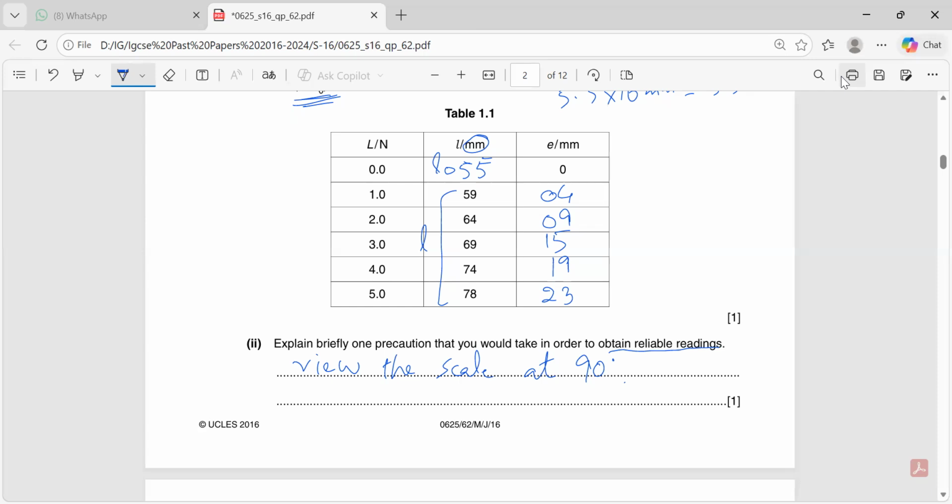So he will be committing the parallax error, and the answer will never be accurate. So this point you need to understand and know very well.